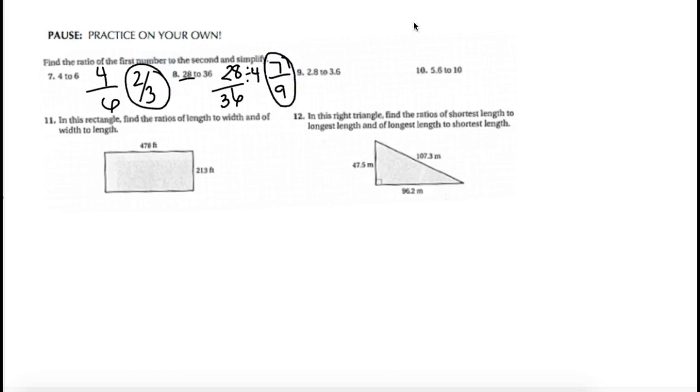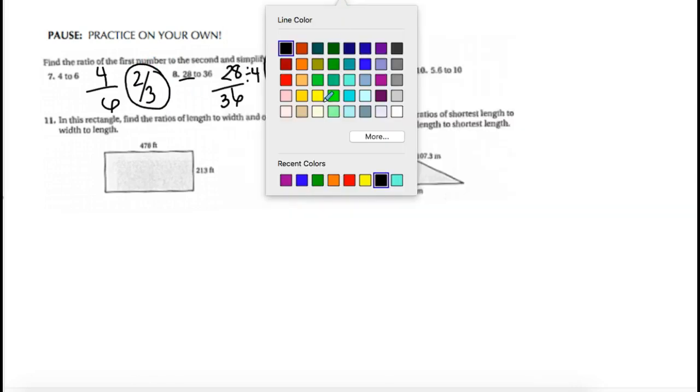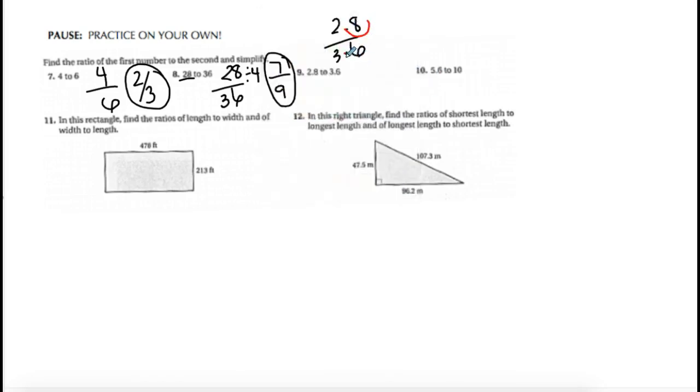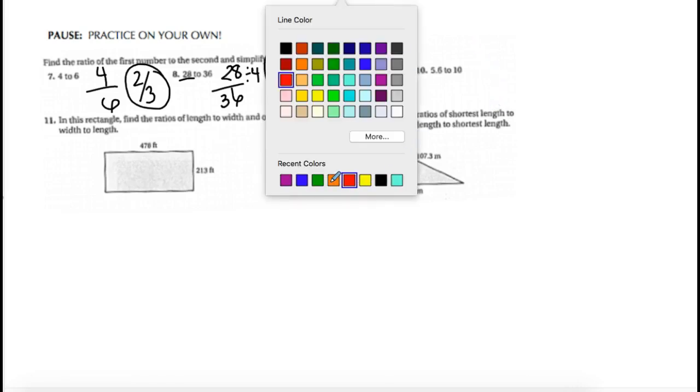Let's try again. So if I have 2.8 over 3.6, if I move this decimal 1 time, and I move this decimal 1 time, that would give me 28 over 36, which is what we just had, which brings us back to 7 over 9. Let's try another one.